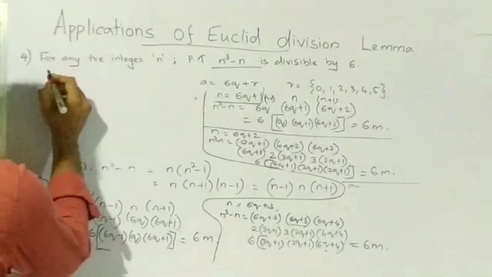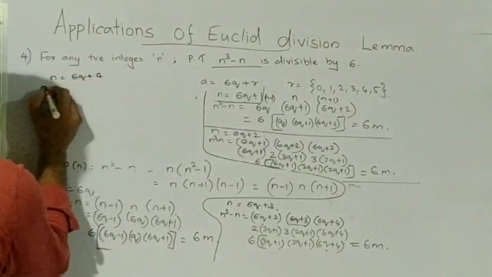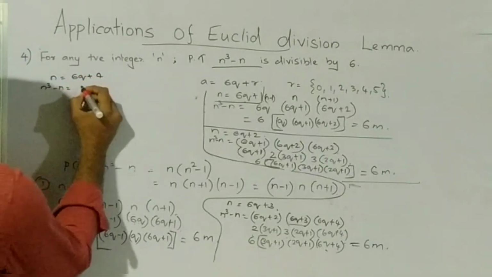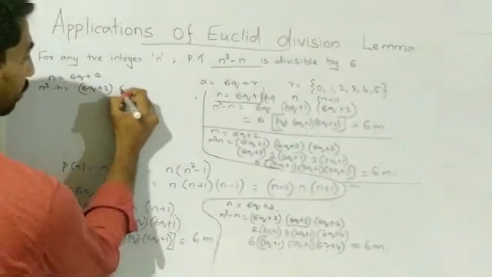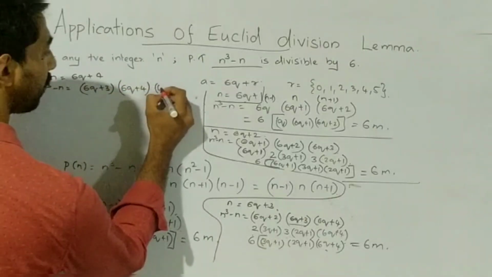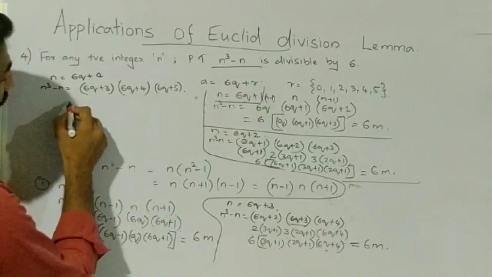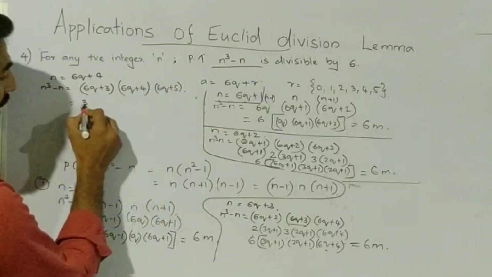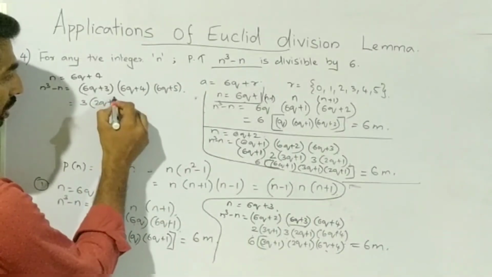So n is equal to, next case, 6q plus 4. So n cube minus n is what? (6q plus 3), n minus 1 into n into n plus 1, (6q plus 5). So how much is it? Again, you have a common factor here, which is (2q plus 1).